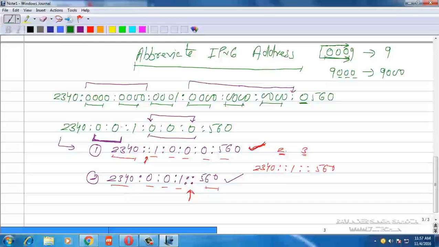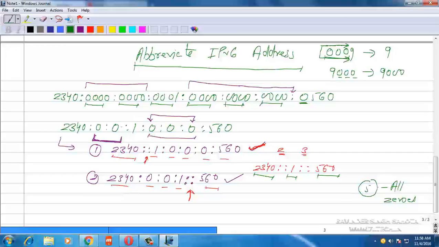So let's look at it again. This is the first quartet, second quartet, and third quartet, right? So three quartets are written. That means there are five quartets which are all zeros.